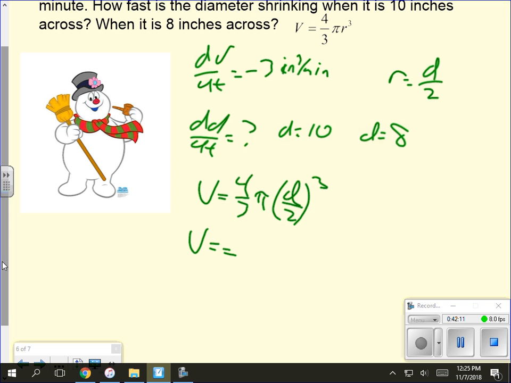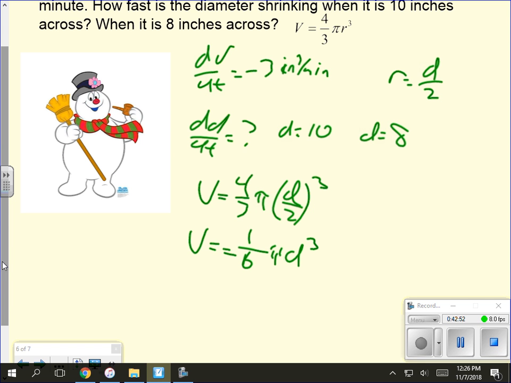My volume is equal to 1/6 pi d cubed. 1/2 cubed is 1/8. 1/8 times 4/3, the 4 and the 8 reduce, you get 1/6.